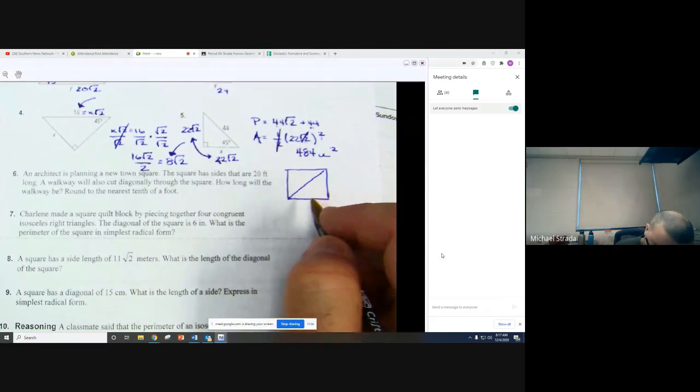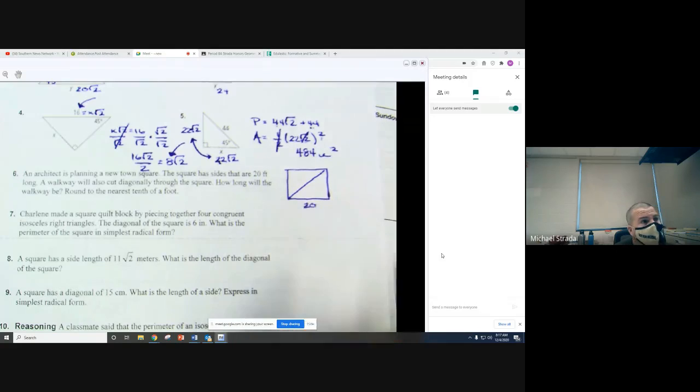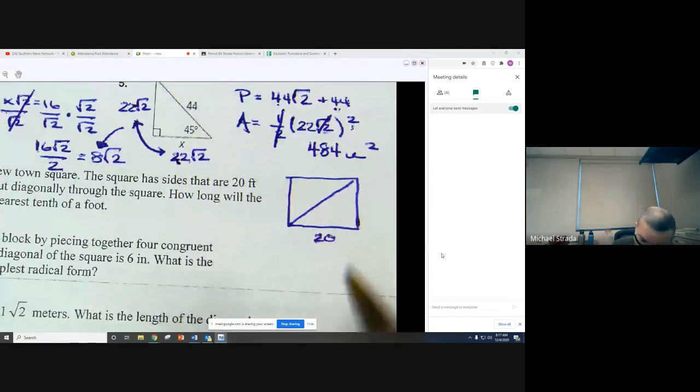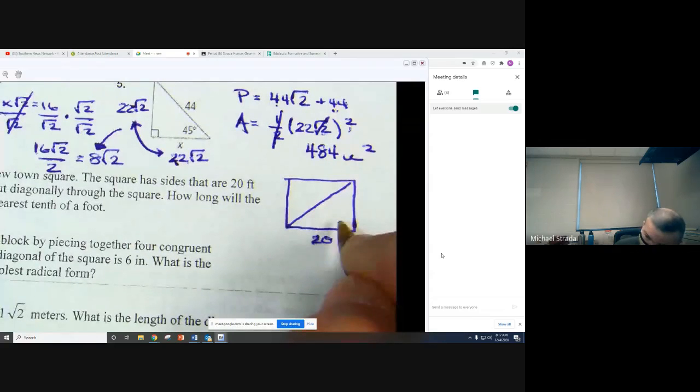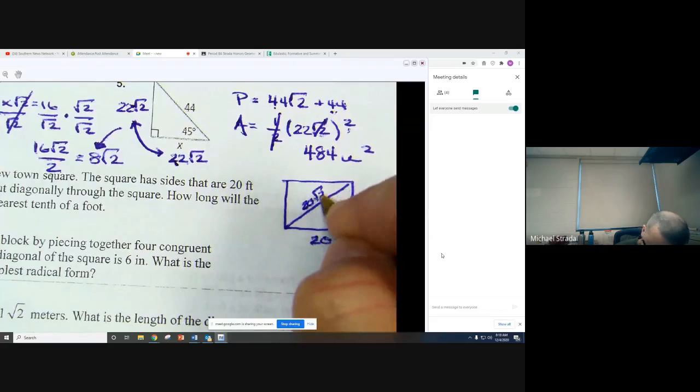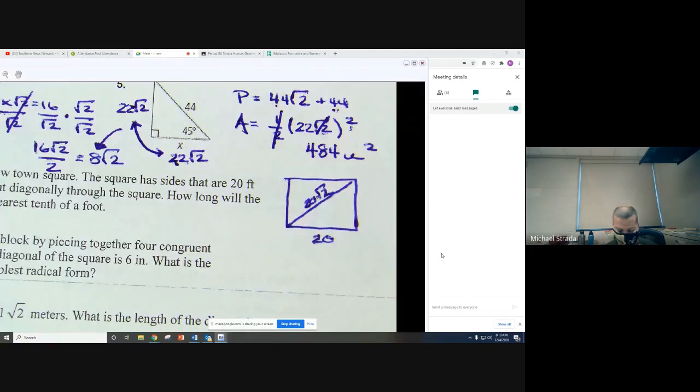It says the square has sides that are 20. So if we remember this correctly, realize it's a square, so this is isosceles right. So that means this diagonal would be 20 root 2. But this problem, not just because it's a word problem, but it also specifically tells you to do what? Round.